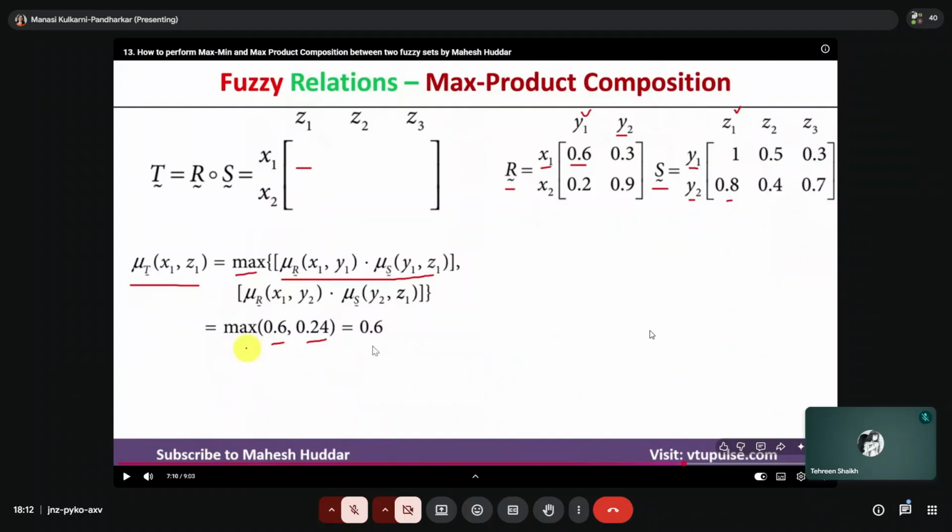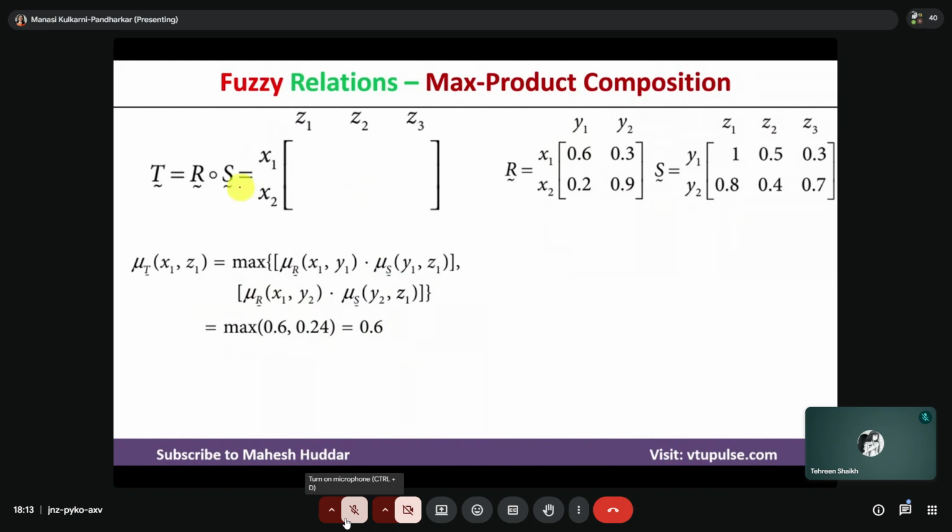Tell me. 0.6. What is the max out of this is 0.6. Have you written this? Yes. Okay. So the maximum between these two is equivalent to 0.6 here.